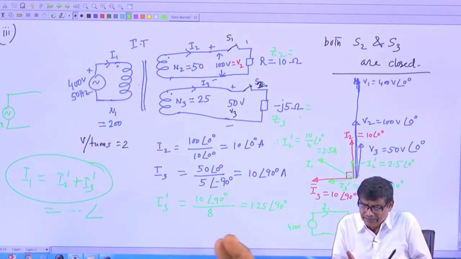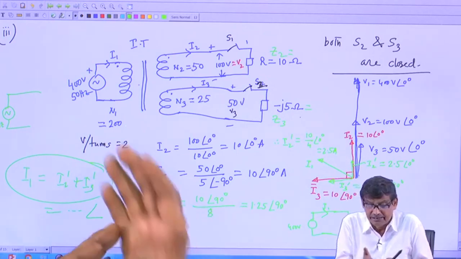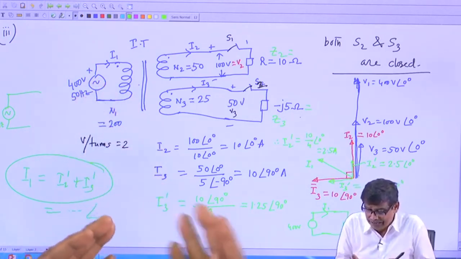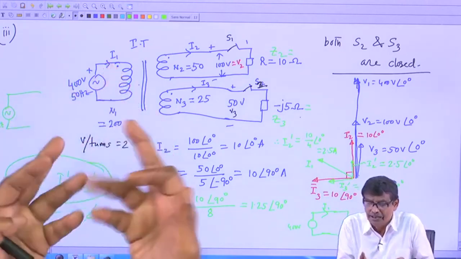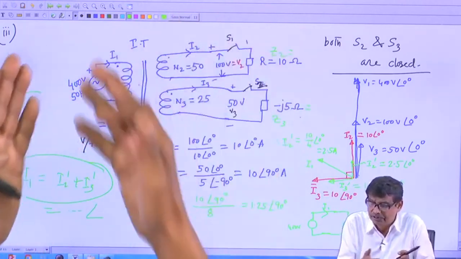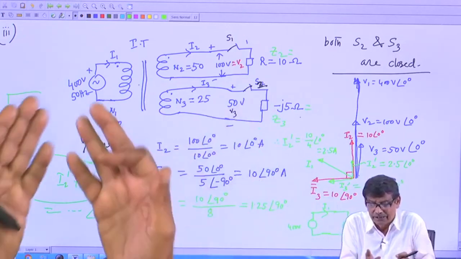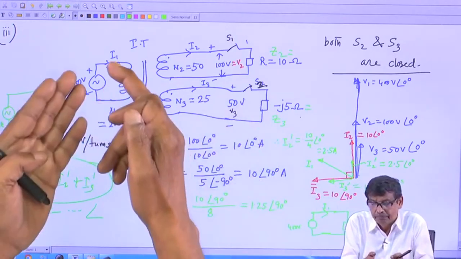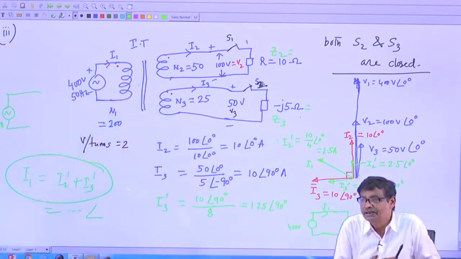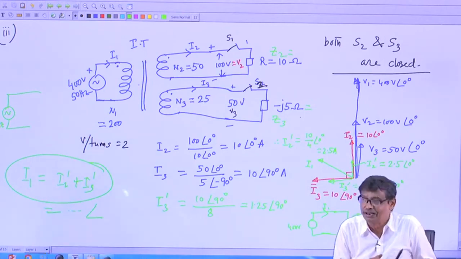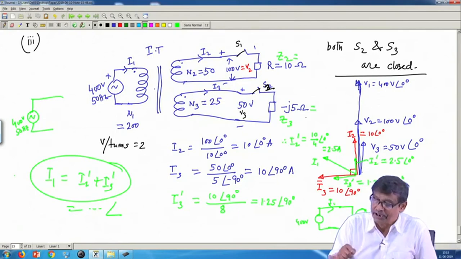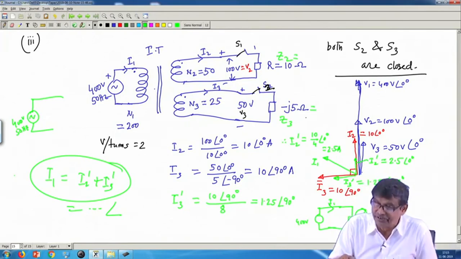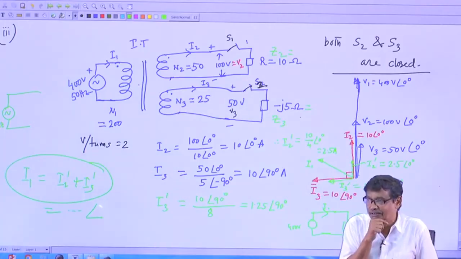Then the equivalent impedance seen by the source can be calculated easily, because V 1 by I 1 says that this big circuit to the supply is nothing but this 400 volt supply, across which you have connected an impedance of V 1 by I 1. But what I am asking you to do is, in terms of Z 2 and Z 3, find out that equivalent impedance.